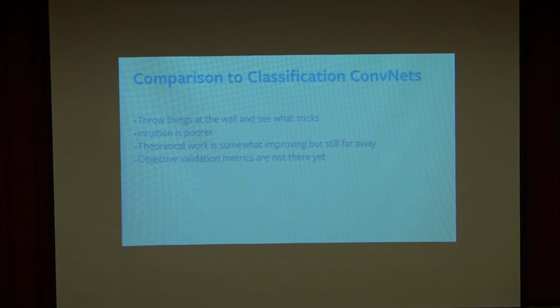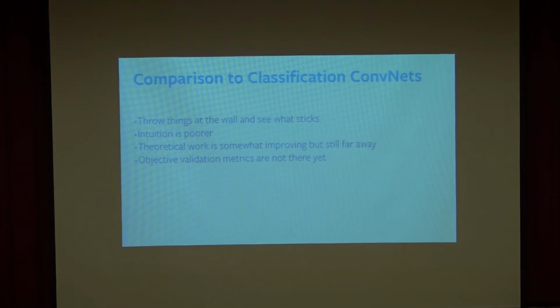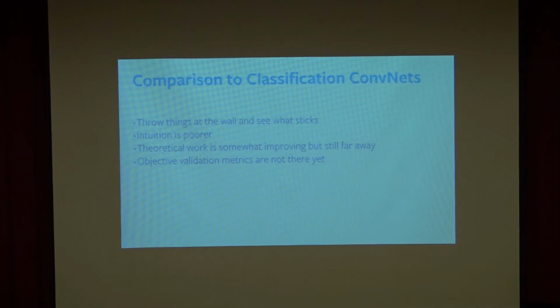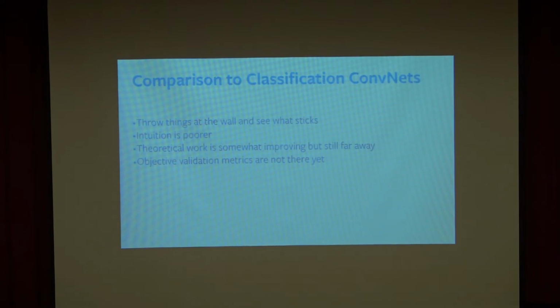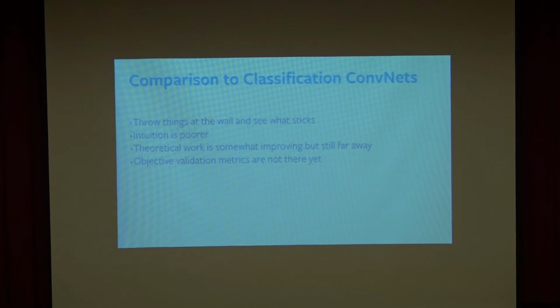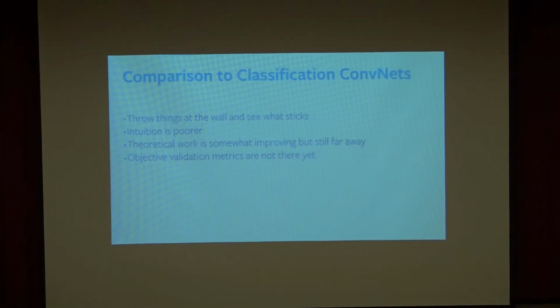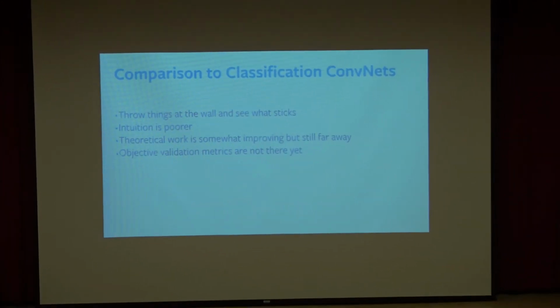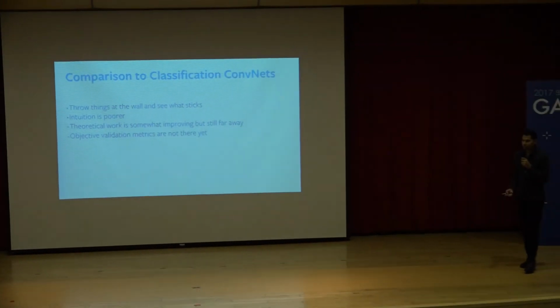Now let's compare the training of GANs to training supervised classifiers, let's say standard convolutional neural networks. In standard convnets, generally, whatever you try, it sort of works. It will give you some decent accuracy.